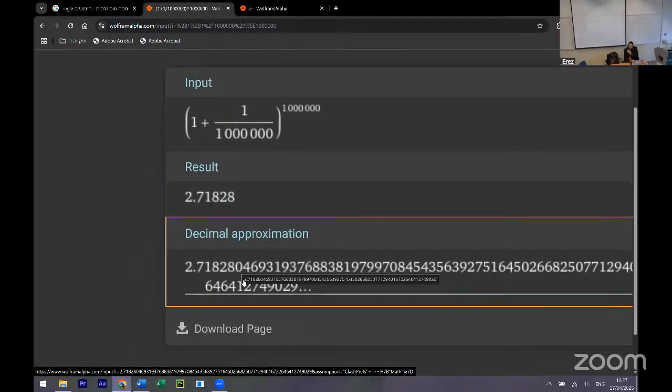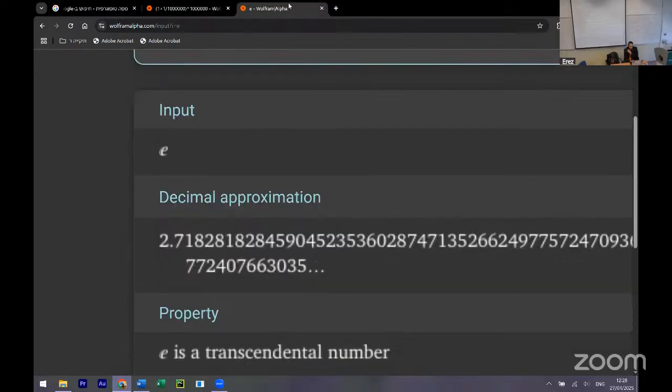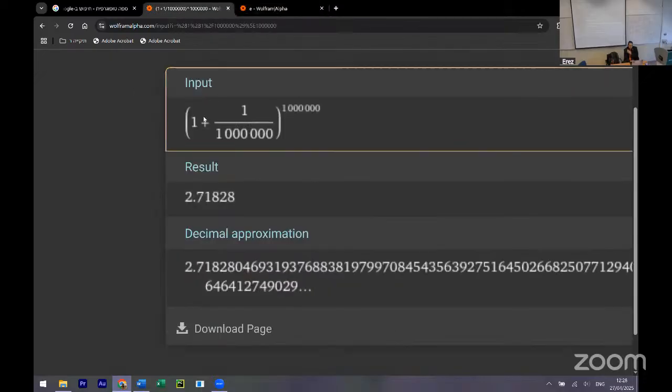Are they the same? No, obviously not, right? Because this number is not e. What would e be? The limit of this sequence, right? So it means that the sequence is getting closer to e, but doesn't have to actually reach it.